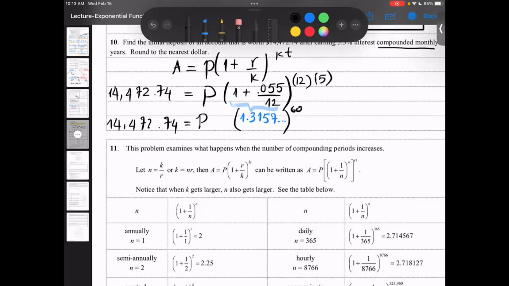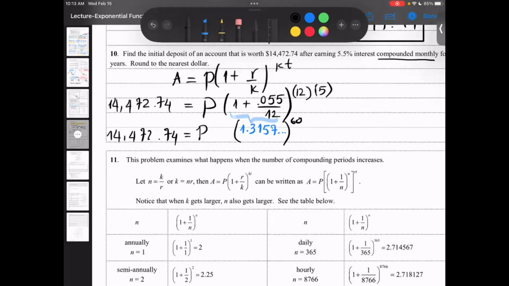Okay, something's wrong. Did I make a mistake in 1 plus 0.055 divided by 12? Okay, I got it wrong.